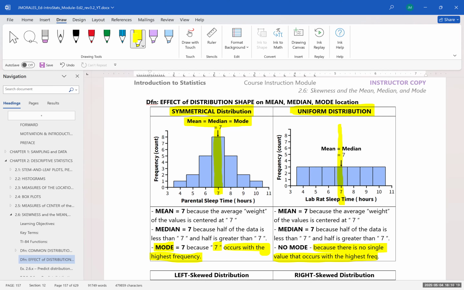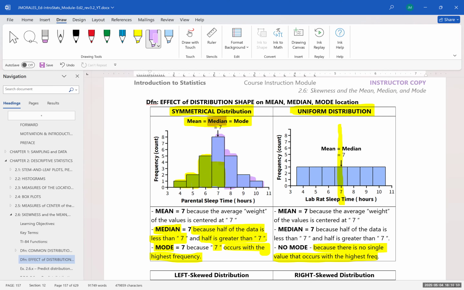But let's look next at the median. So the median in this case is 7 because half of the data is less than 7 and half is greater than 7. All right, so if we were going to try and draw this, we would say that half of the data is less than 7 and half of the data is more than 7.